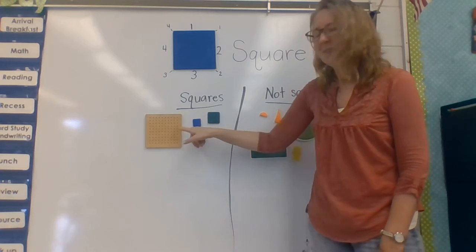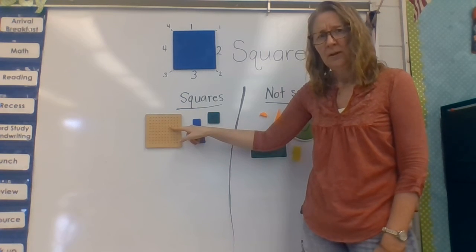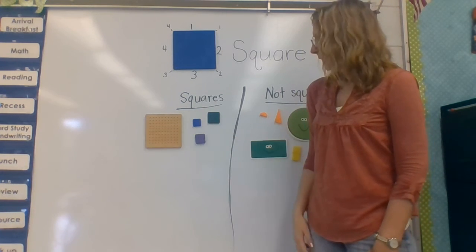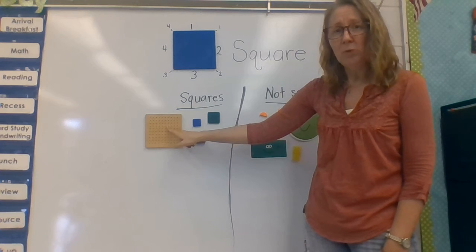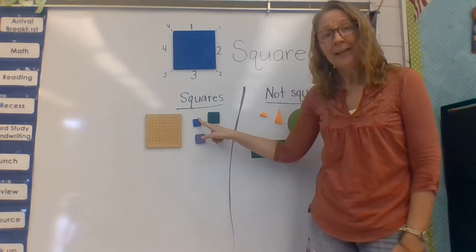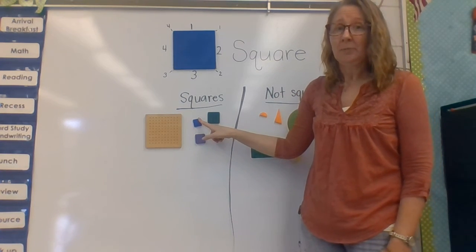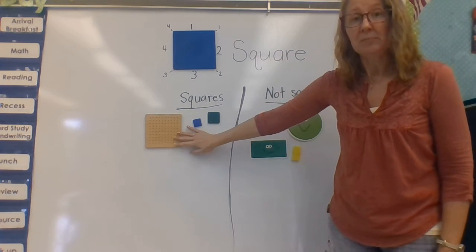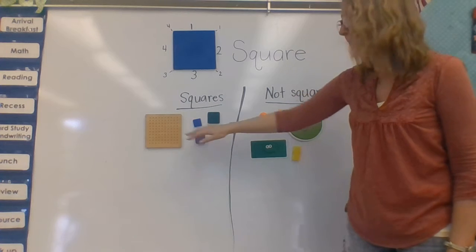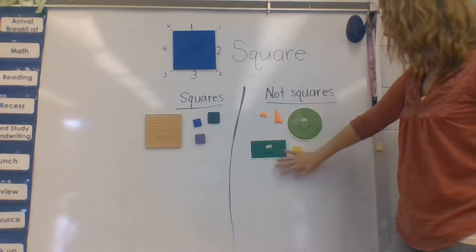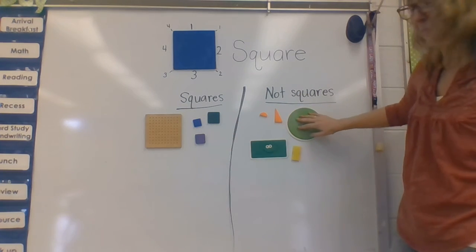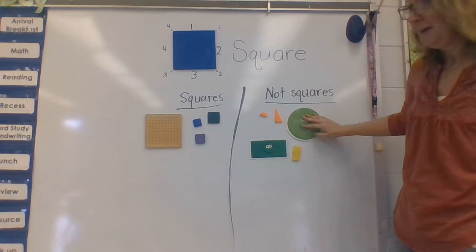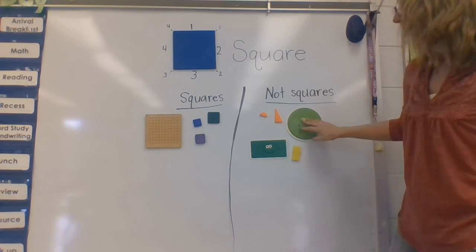Do they all have to be the same color to be a square? No. Is it okay if this square is really big and this square is really tiny? Yes, because we're sorting by shape. All of these are the same shape. They are squares. All of these are different shapes, and none of them are squares.